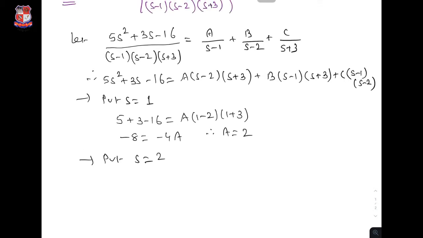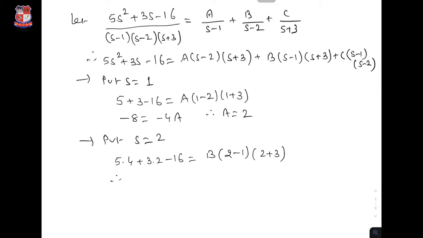Then the left side is 5 into 4 plus 3 into 2 minus 16, equal to B(2 minus 1)(2 plus 3), and therefore 10 equals 5B, sorry, and therefore B equals 2.